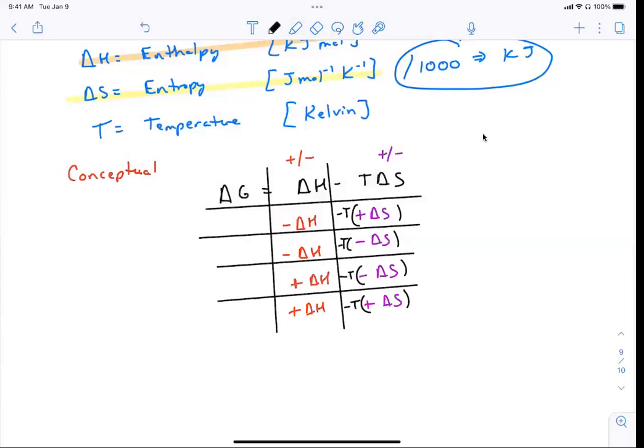So it's a negative plus a negative. So it'll always be negative. Oh, it's not times, it's adding. So when you have a negative delta H and a positive delta S, it is always negative delta G. Always. There's no way, because temperature is always positive in Kelvin, so it's always spontaneous.